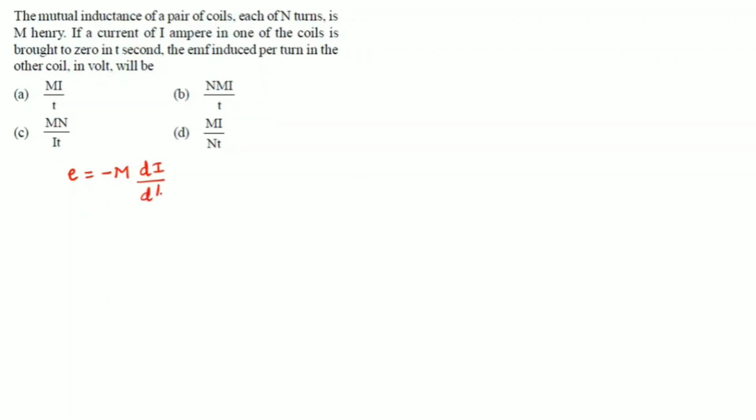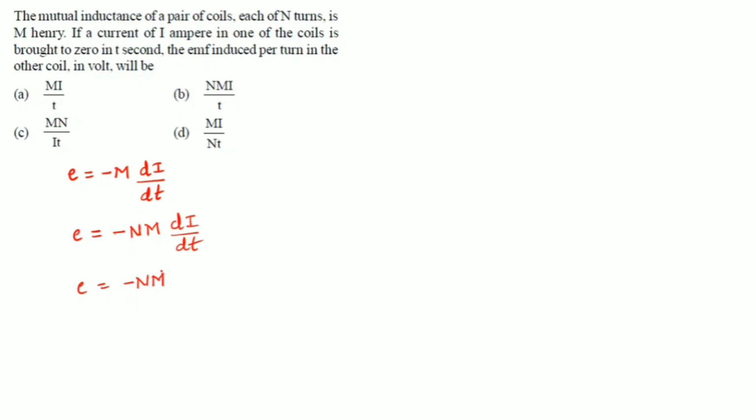This equation we can use here. Here there are n number of turns, so we can write it as minus N into M into di divided by dt.